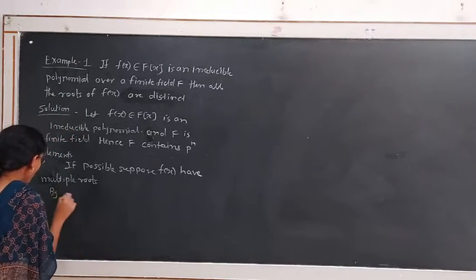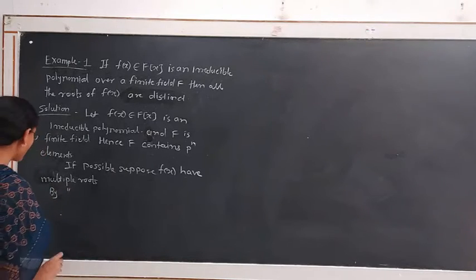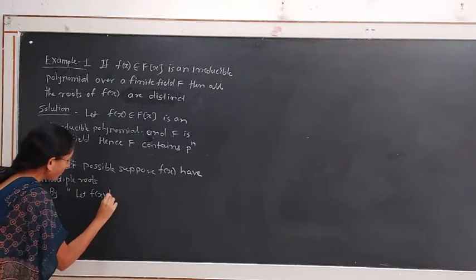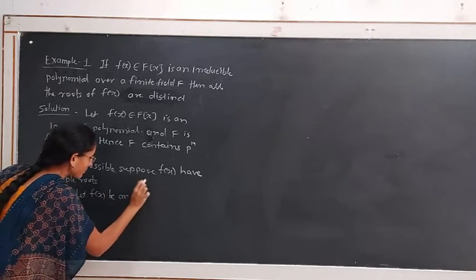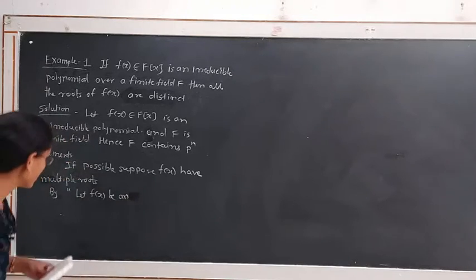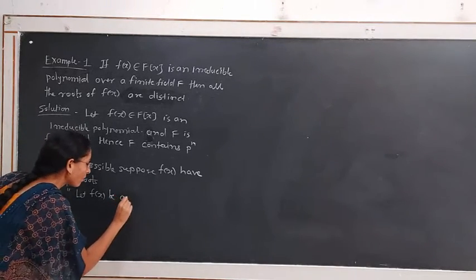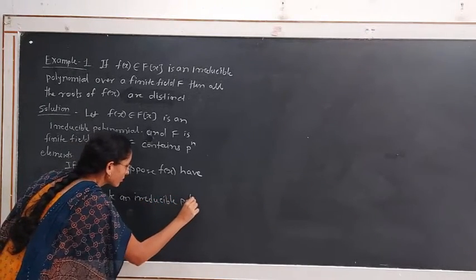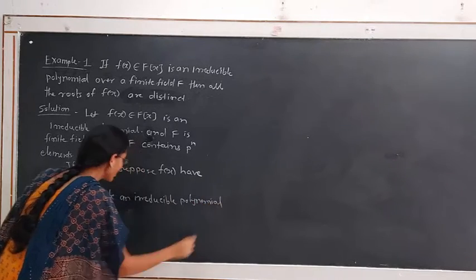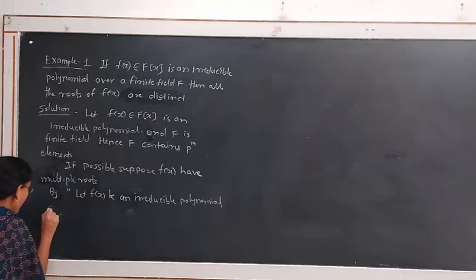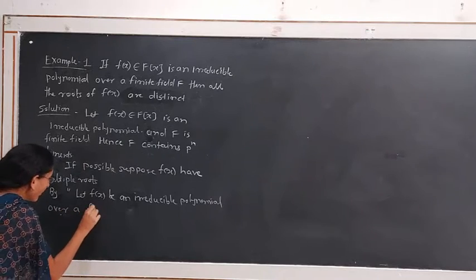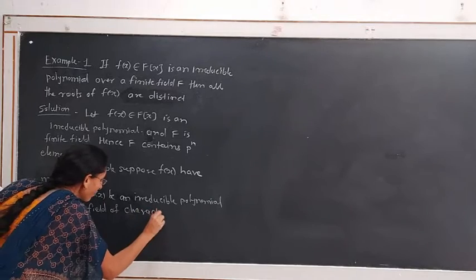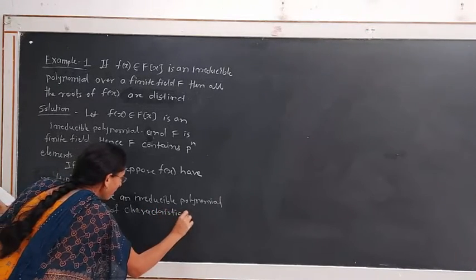By using a known theorem, the result was: let f(x) be an irreducible polynomial over a field of characteristic p non-zero.